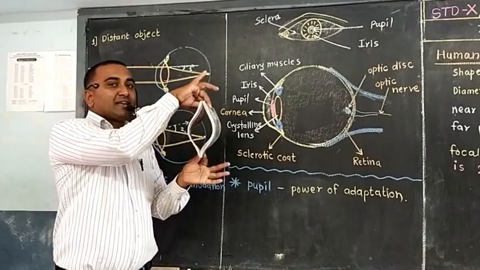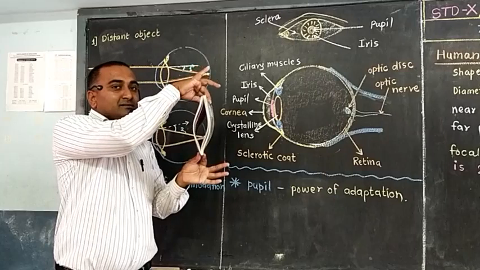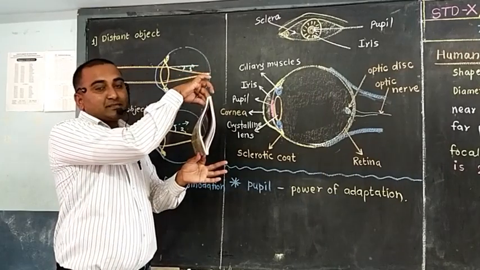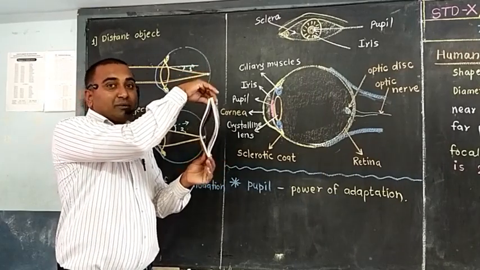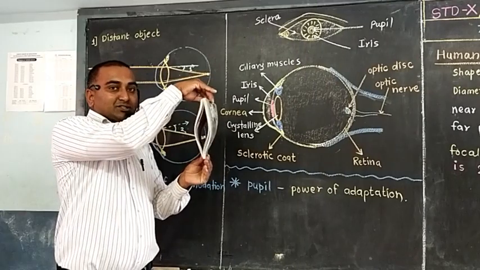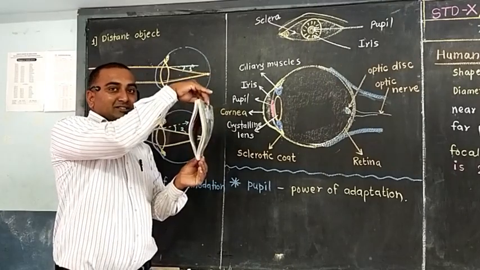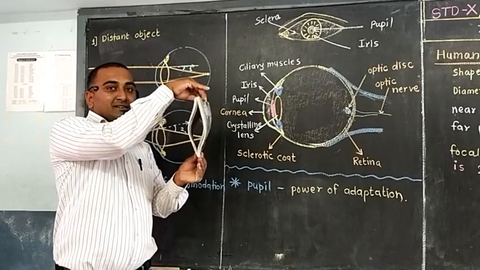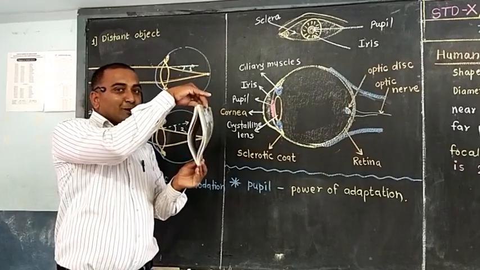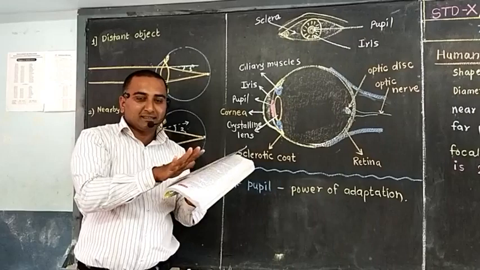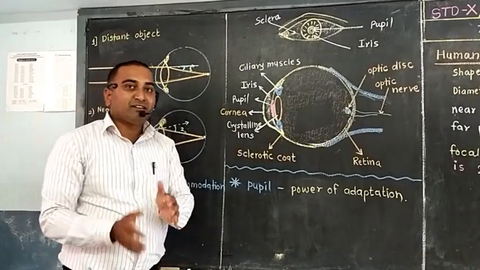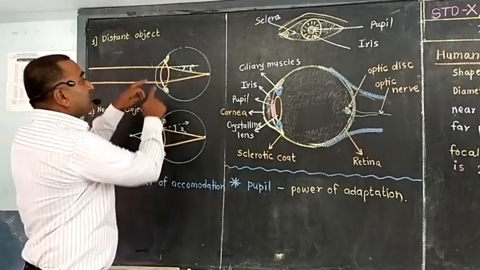If I relax my hand, then the thickness decreases and the lens becomes thin. So by pressing and relaxation, the diameter of the lens gets changed. This is only an example; what I have explained with the help of the textbook will happen with this lens.